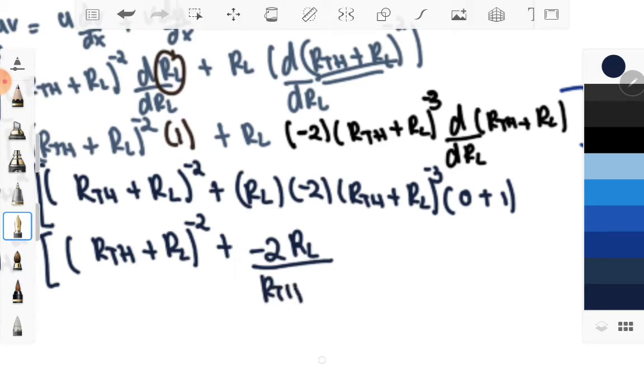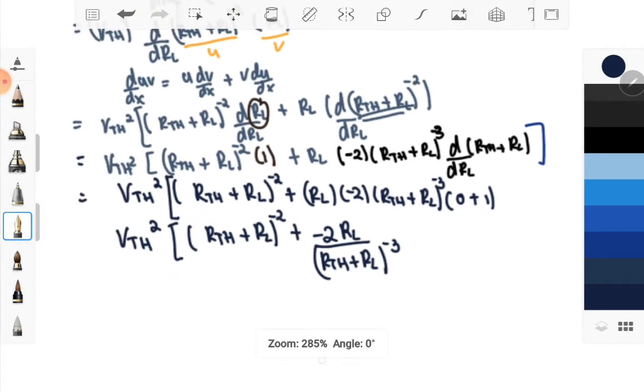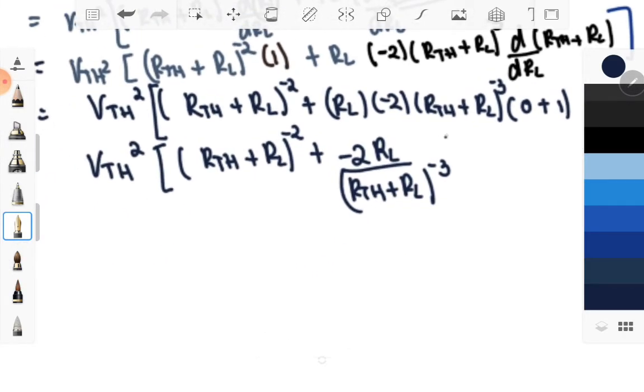RTH, ibababa na natin yung negative 3 natin. So take note that kanina pa pwede natin ibaba to.